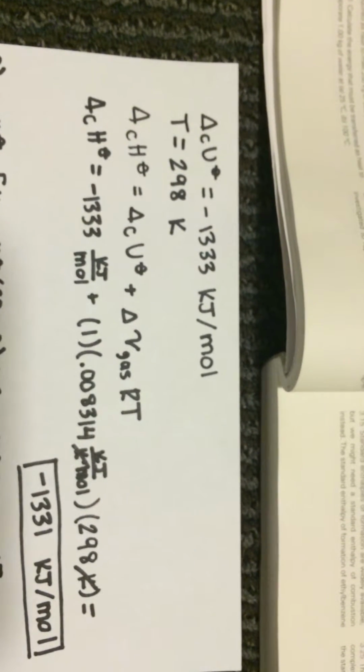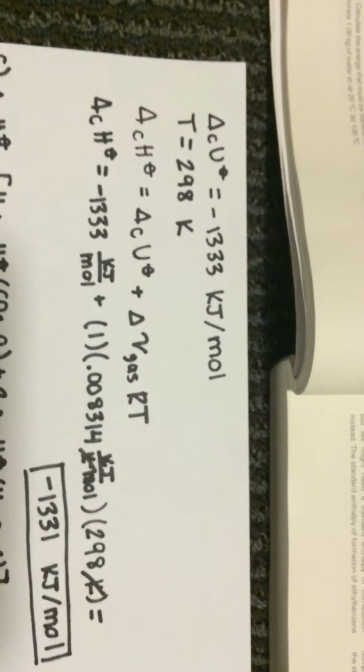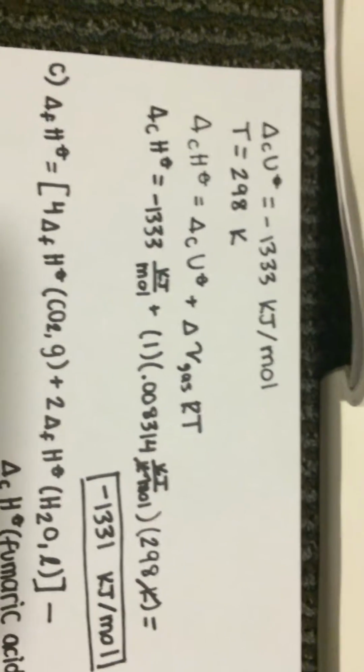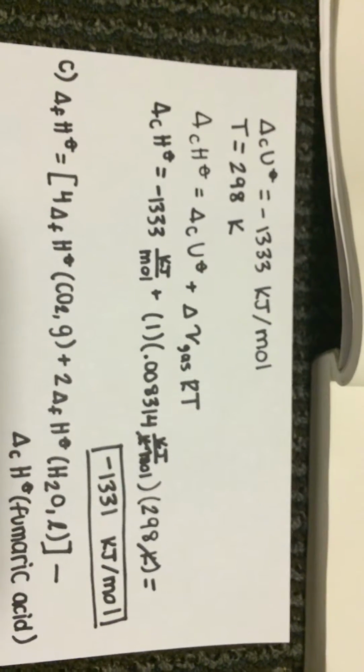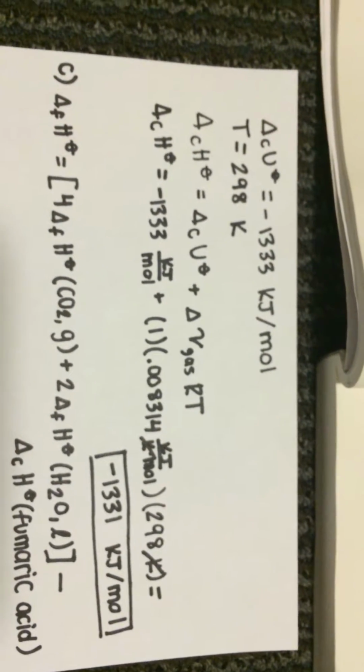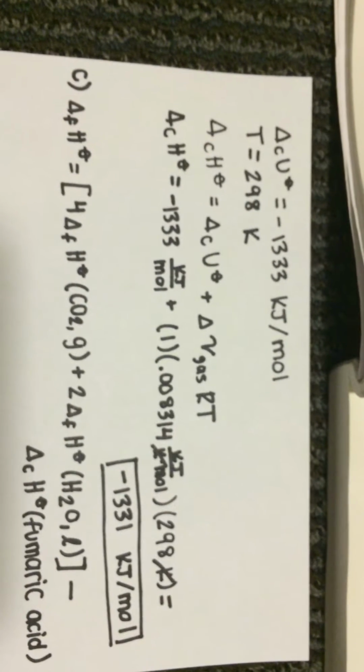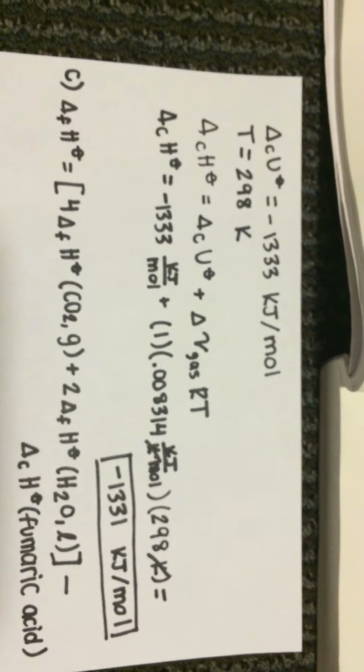Finally, we're going to find the enthalpy of formation of lactic acid. This is the equation we need, and the standard enthalpy of formation of lactic acid equals the products minus the reactants.